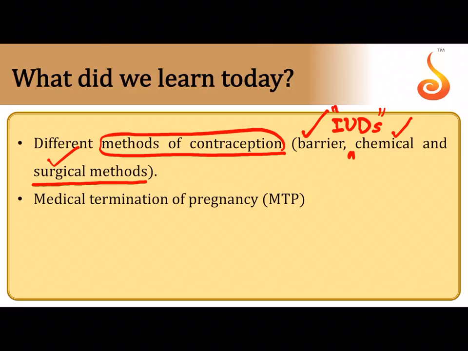Remember, surgical methods are called terminal methods because their reversibility is poor. And they block the transport of sperm, that is the gamete transport. And then we learnt about intentional or voluntary termination of pregnancy called MTP. The full form of MTP is medical termination of pregnancy.